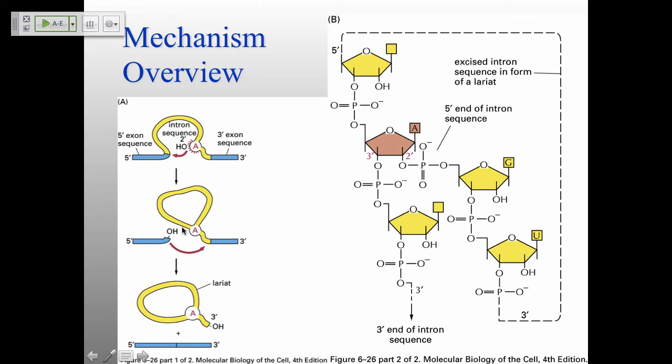Then this 3' OH here can go and exchange with the phosphate at this end, and you end up looping these two guys together.